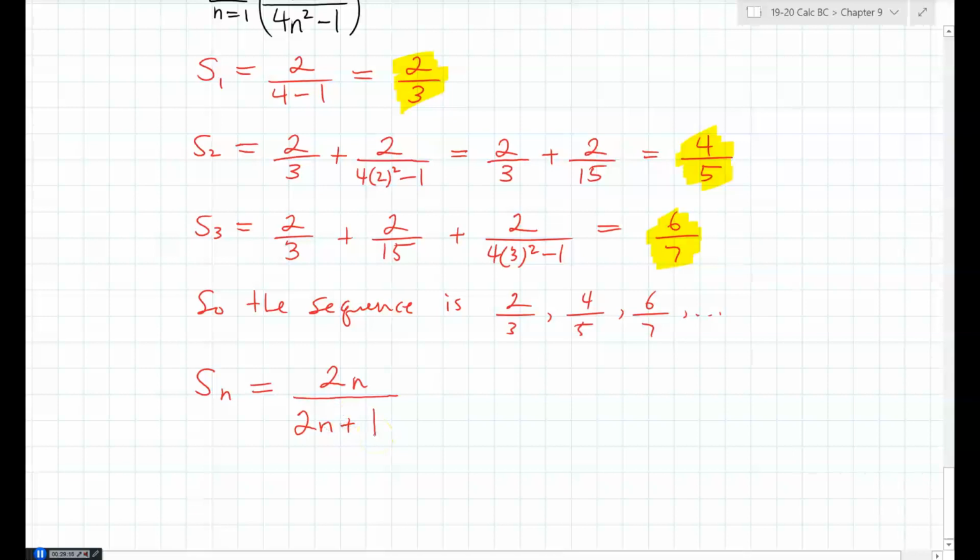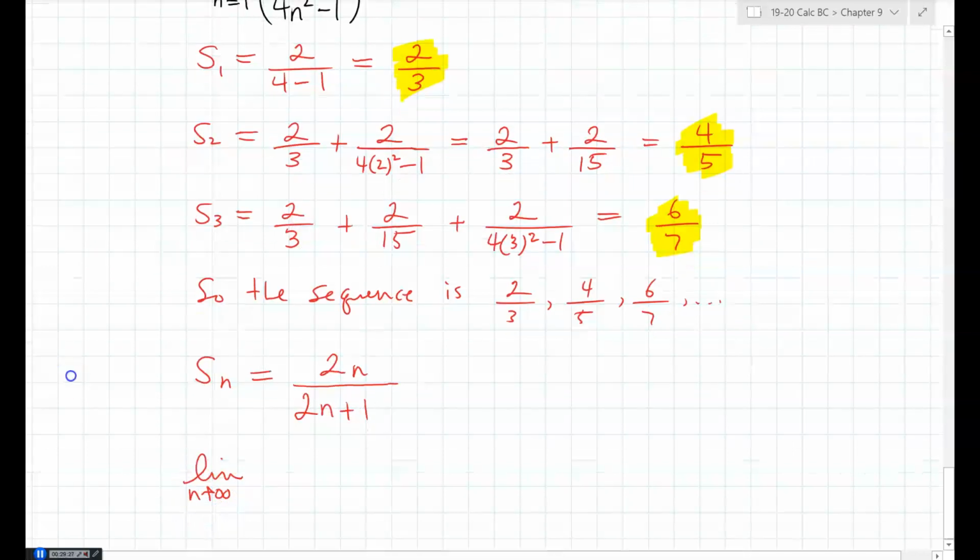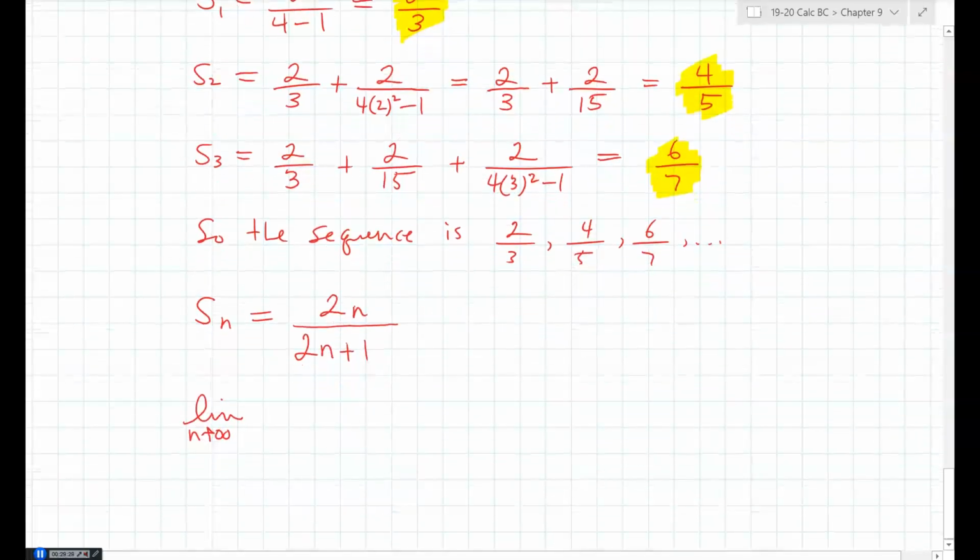Let me rewrite that here. Let's take the limit of this thing. The limit of 2n over 2n plus 1, which actually is S sub n, comes out to what? That's a 1.